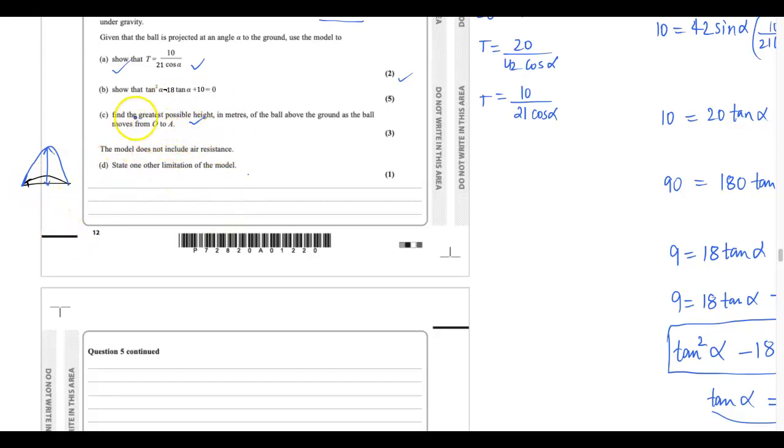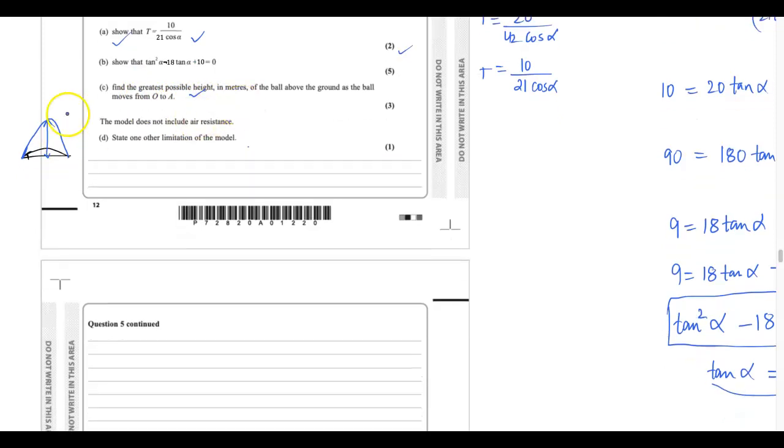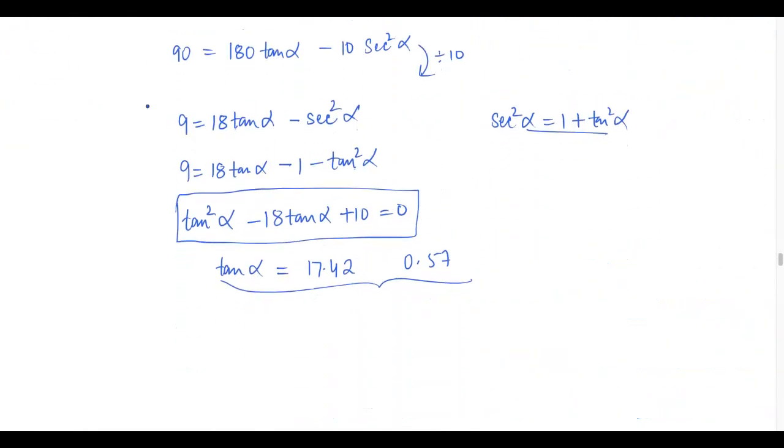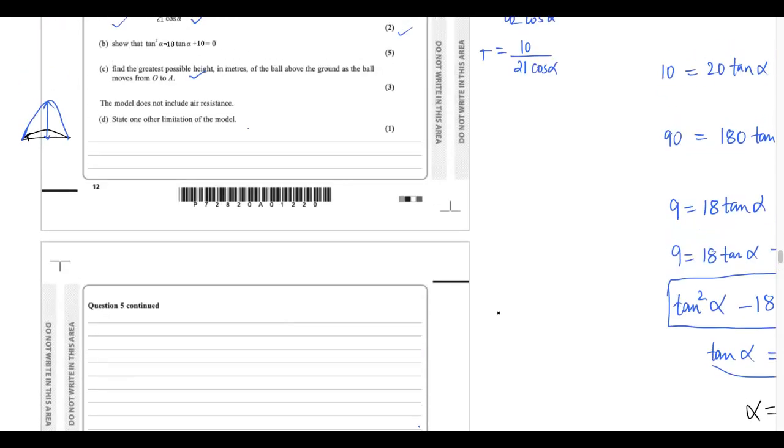So this is what we have to find out. For the greatest possible height, obviously projection would be at some angle. So over here, we are going to take the larger angle out of these two, so this value is going to work for us. Can we quickly find alpha from here? So tan inverse 17.42 gives us 86.71 degrees. So yeah, we're going to keep it.